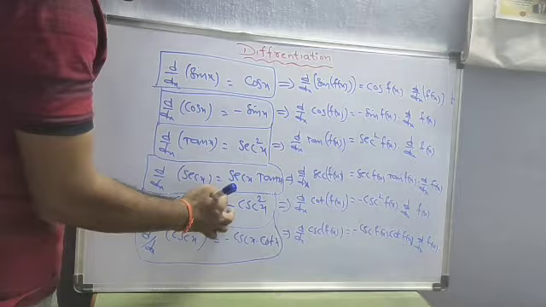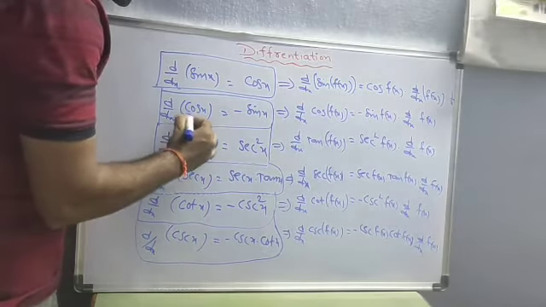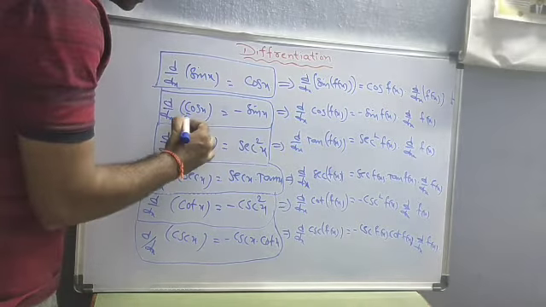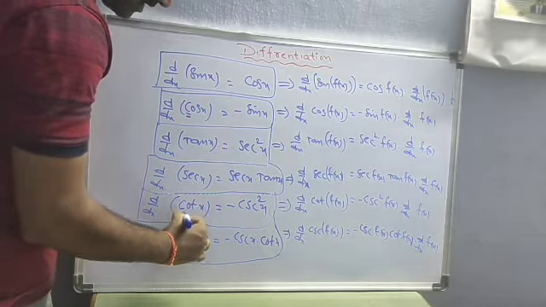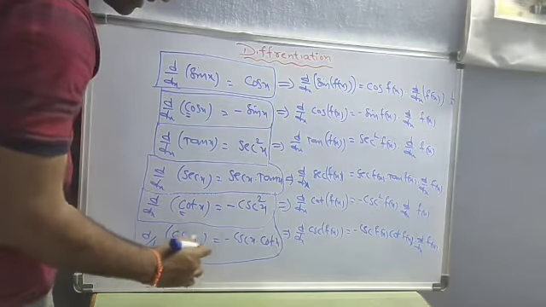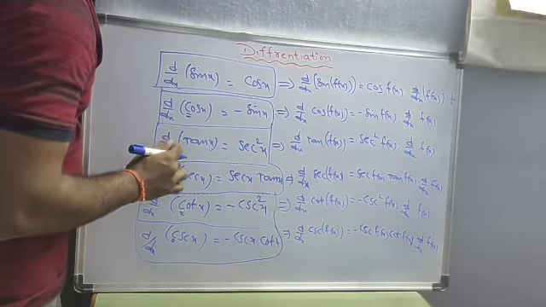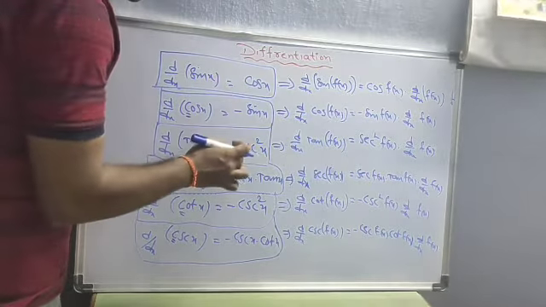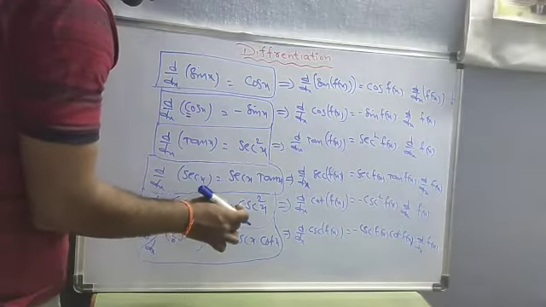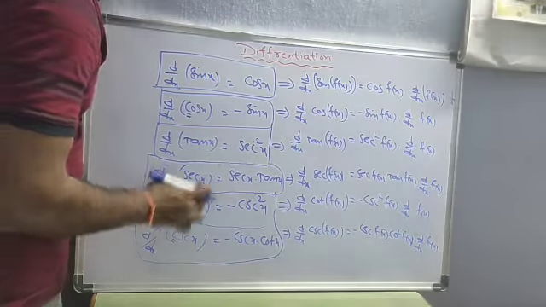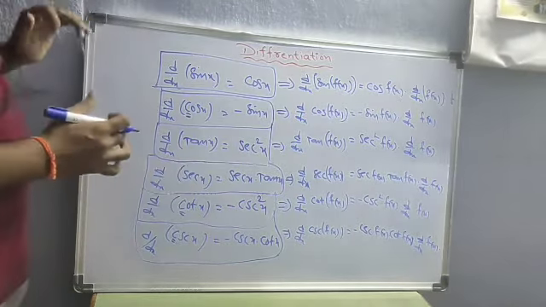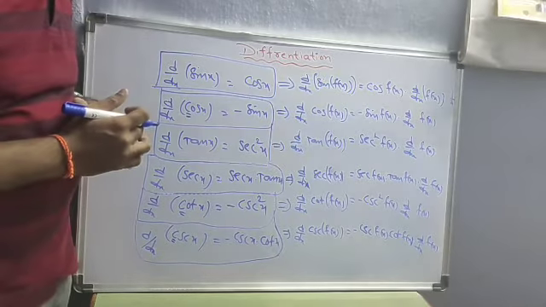If you observe the minus sign, wherever the function starts with c, our result will start with minus. So sine and cos is one pair, tan and secant is one pair, cot and cosecant are one pair. Like that you can easily remember these formulas.